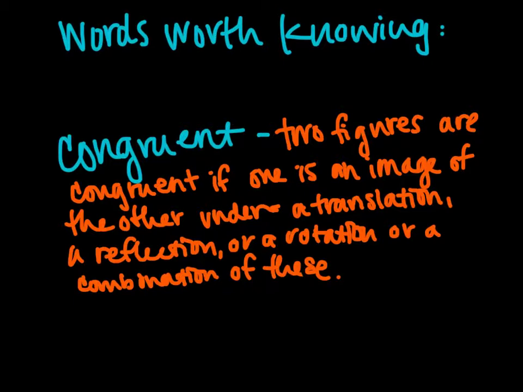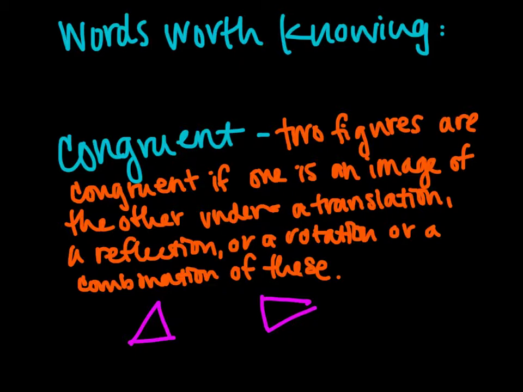So in other words, if you can flip, turn, or slide a shape, or do a combination of those moves to make one shape fit exactly on top of the same vertices with the same side lengths and everything as the other shape, then those two shapes are congruent. So essentially, say this triangle right here is congruent to this triangle.